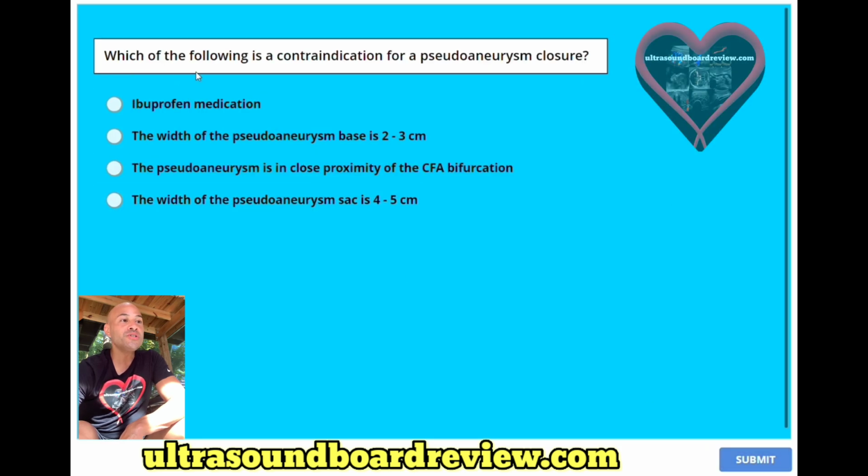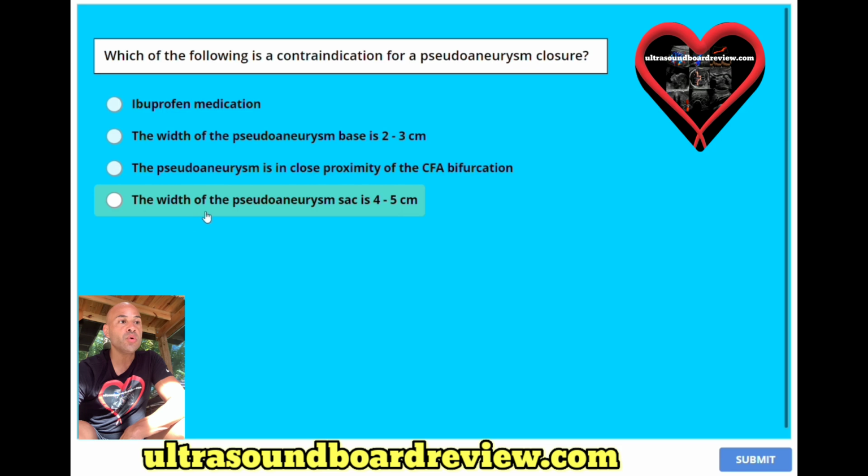Question number 5. Which of the following is a contraindication for a pseudoaneurysm closure? A. Ibuprofen medication. B. The width of the pseudoaneurysm base is 2 to 3 centimeters. C. The pseudoaneurysm is in close proximity of the common femoral artery bifurcation.